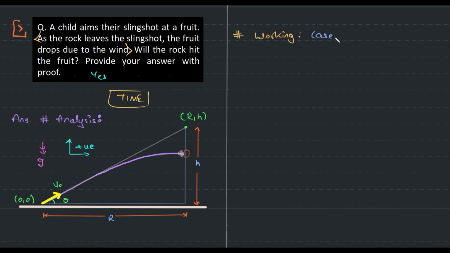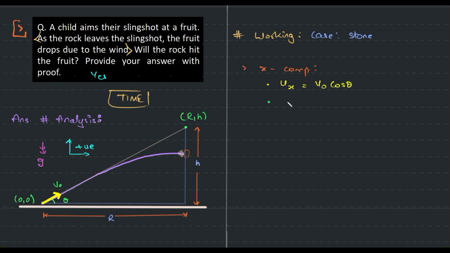So I'll start off by looking at the stone. And what should I do? I hope you guys have tried. Yes, we need to take the x component, all the things related to the x component. So you have the initial velocity to be v naught cos theta.